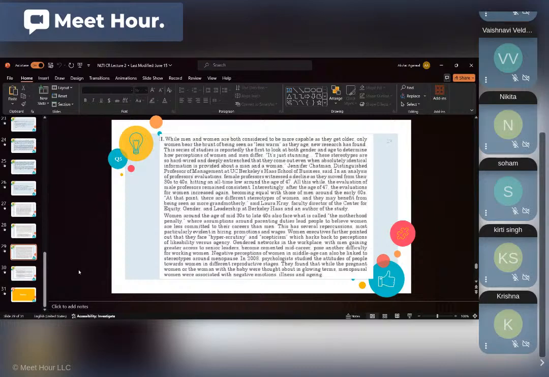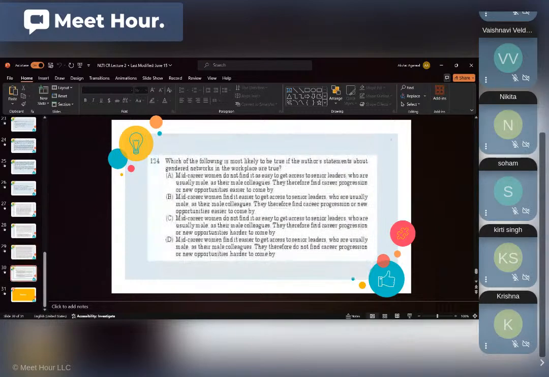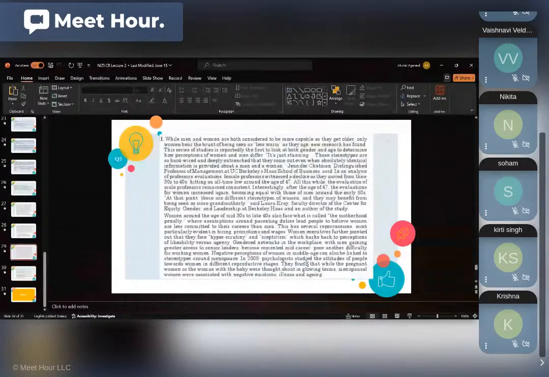Does anyone have an answer? Just take note of the options. I'll show the passage again. Okay, we have option C. Any other answers, anyone? I'll show the questions now.